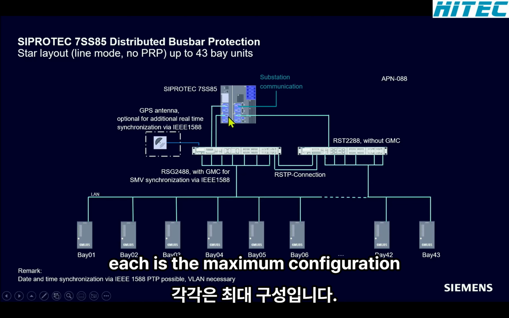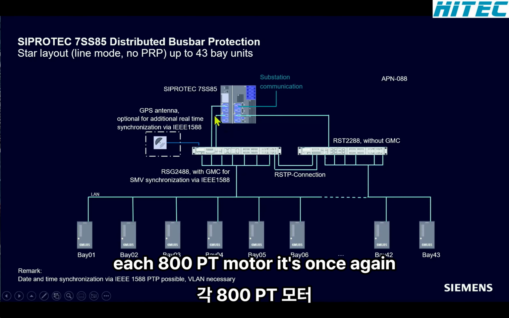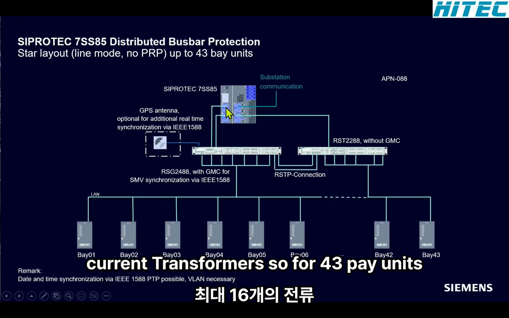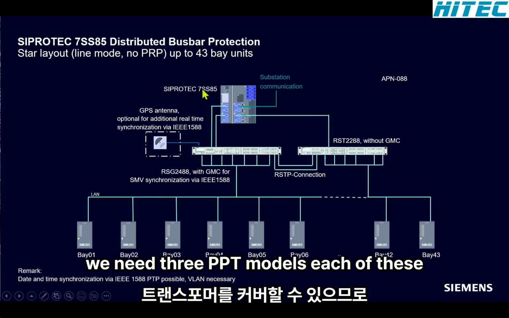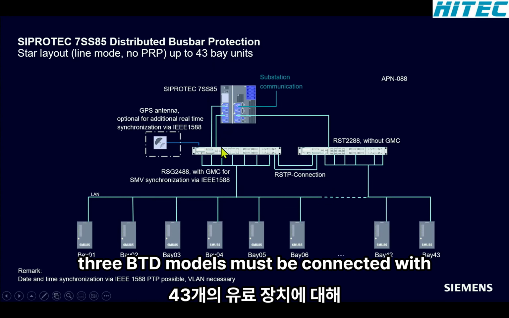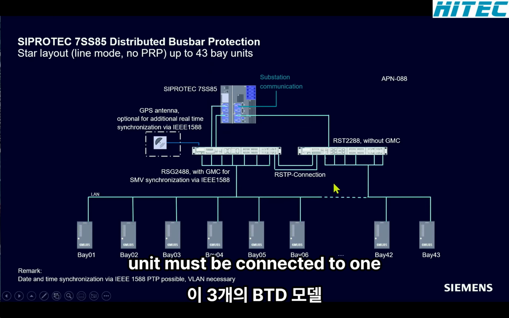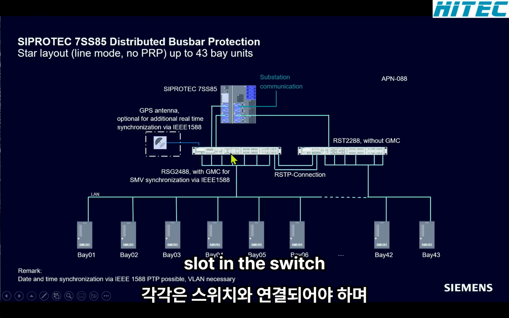In the maximum configuration, each Ethernet BT module, you can cover up to 16 current transformers. So for 43 bay units, we need 3 BT modules. Each of these 3 BT modules must be connected to the switch. And of course, also each bay unit must be connected to one slot in the switch.